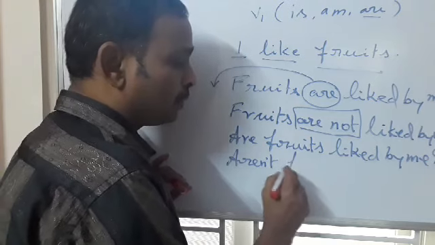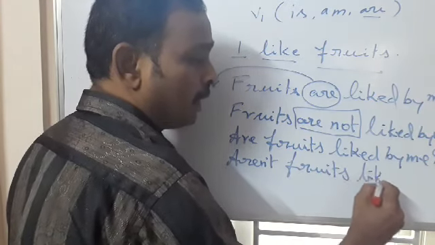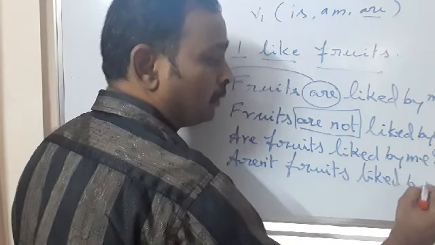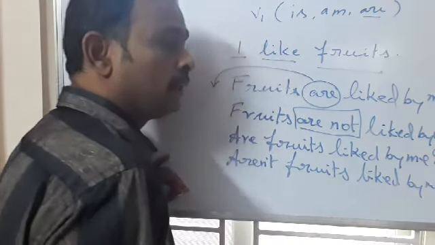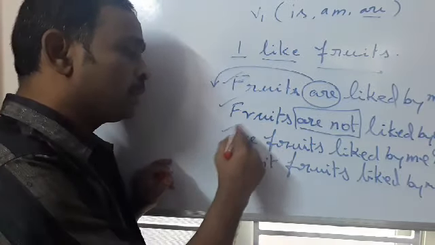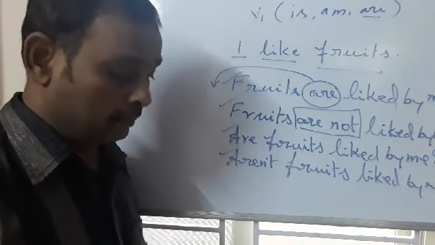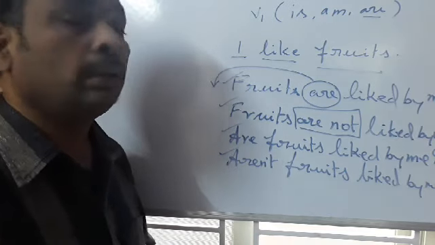Aren't fruits liked by me? So like that, positive sentence, negative sentence, positive interrogative, negative interrogative. Very simple. Let us see one more example with verb 2.